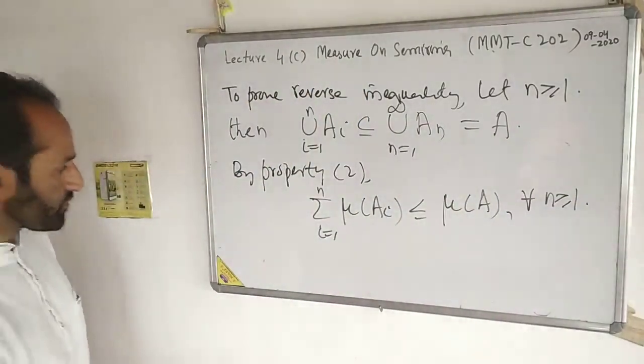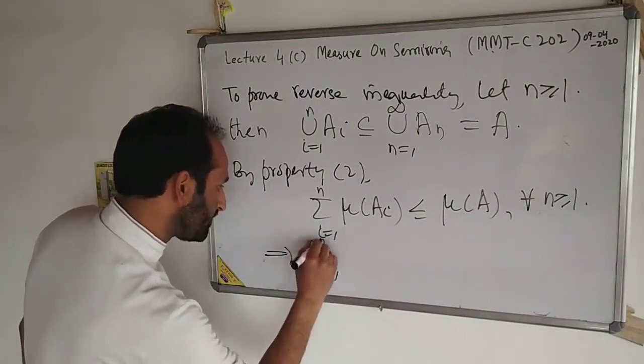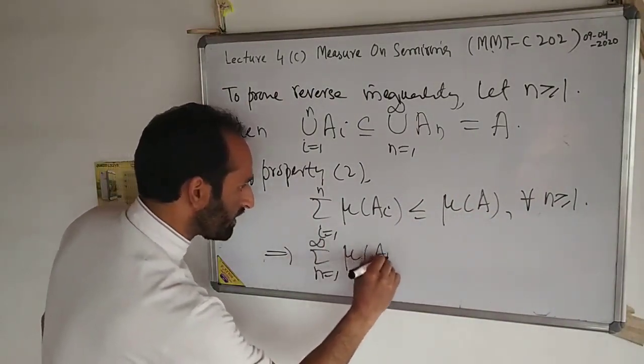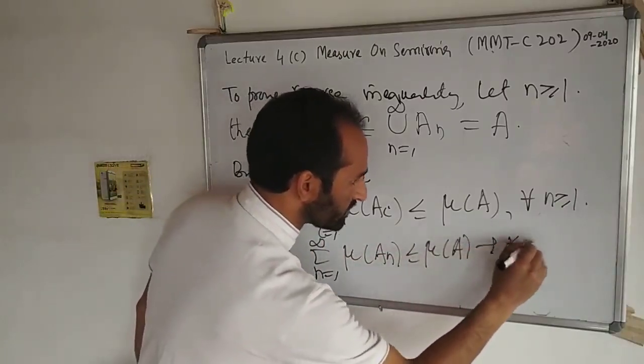So letting n approach infinity, we get the summation n runs from 1 to infinity mu of An is less or equal to mu of A. Let's write this as double star.